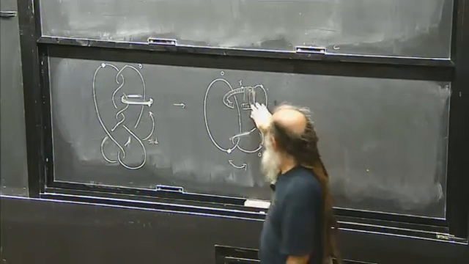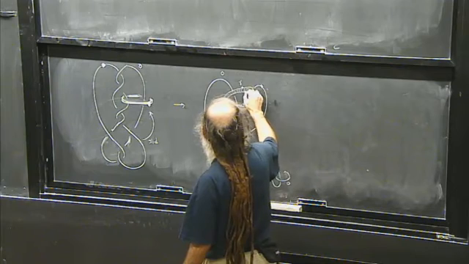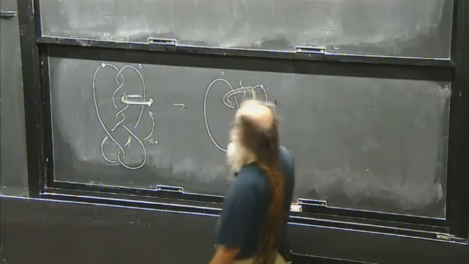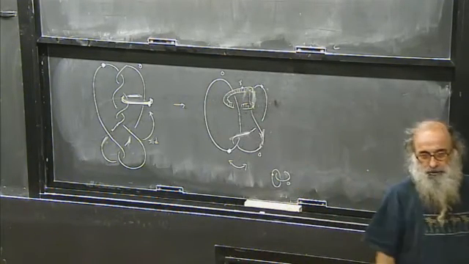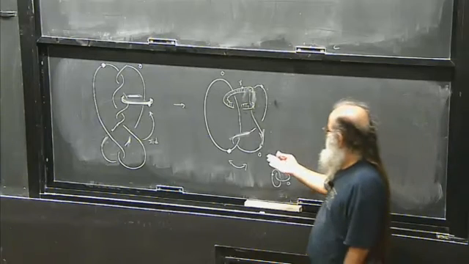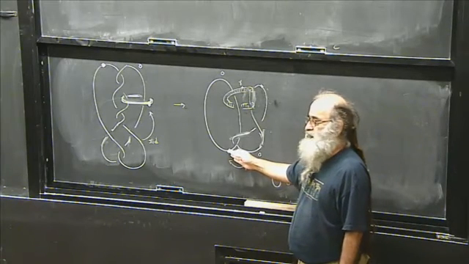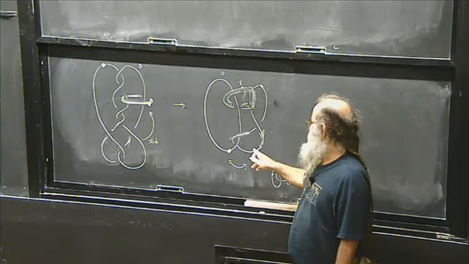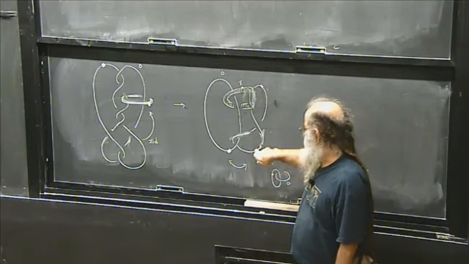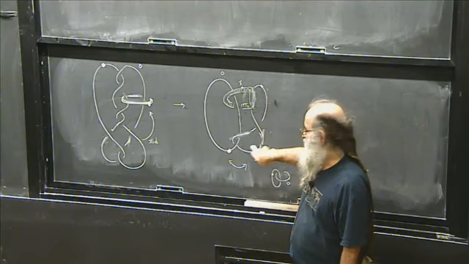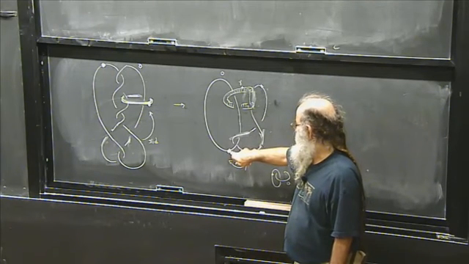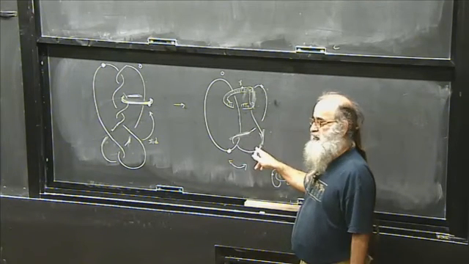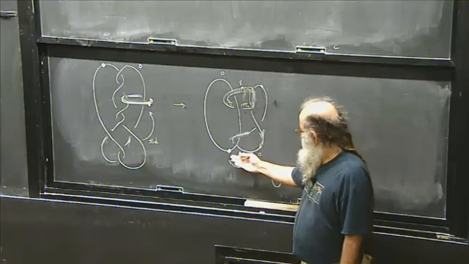So this guy bounds two different disks in the 4-ball. One of them survives when you carve this. The other one survives when you carve this one. But the one does not live when you change the carving. So this is the boundary.